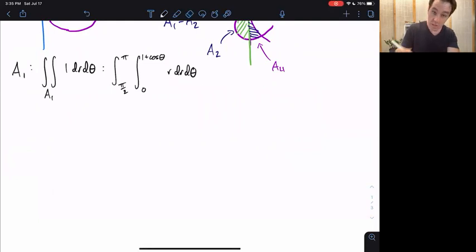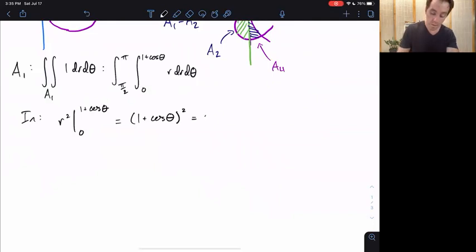We are going to split this as usual into inner and outer. The inner is going to be, well, it's a simple integral, simple antiderivative. It'll be r squared from 0 to 1 plus cosine theta. This is 1 plus cosine theta squared minus 0, okay? Cosine squared theta plus 2 cosine theta plus 1.